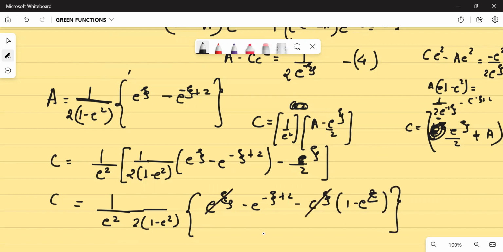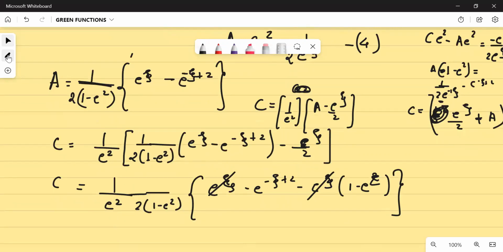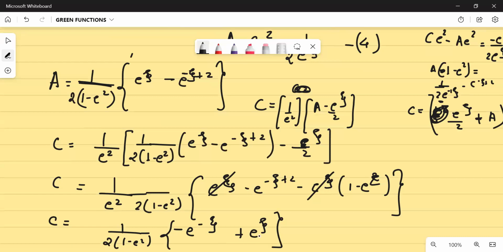So this will get cancelled, and this e square also will get cancelled. Here you have e square, here you have e square. So effectively, you are left with c is equal to 1 upon 2, 1 minus e square, and you are left with e to the power minus zeta minus plus e to the power zeta. And I think this forms sine hyperbolic.